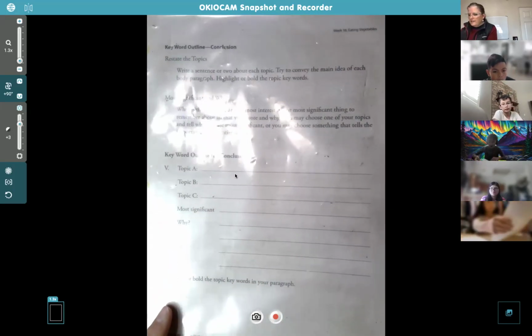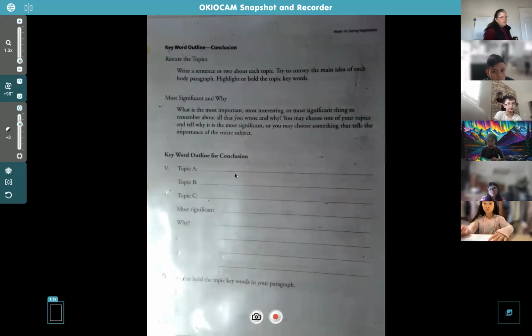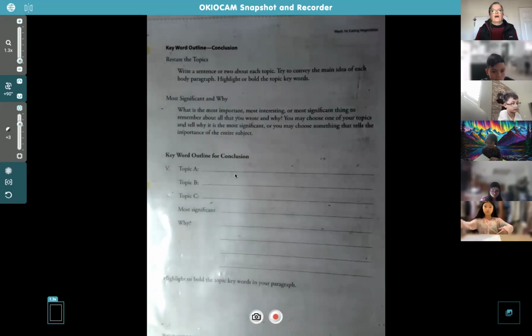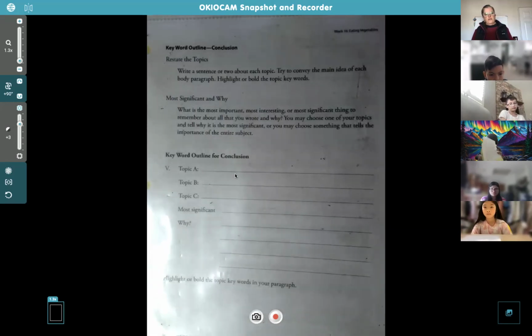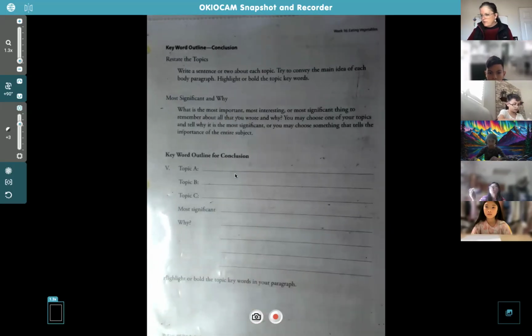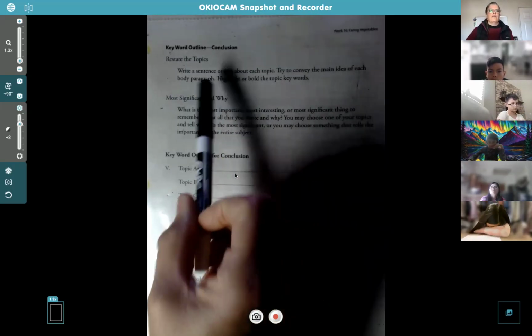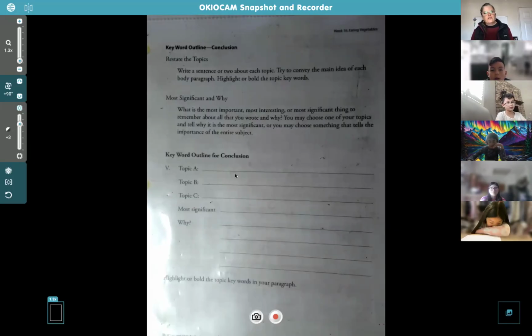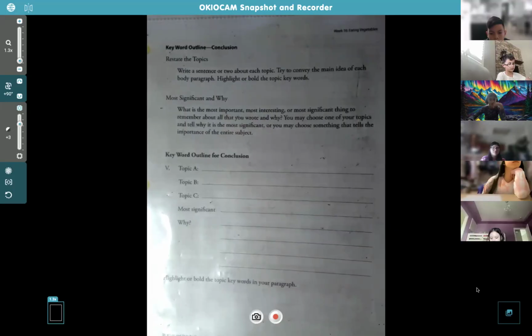This is a handy dandy template that we're going to use to help us write the introduction and conclusion. First thing you're going to notice is at the top, this is page 143. At the top, it says conclusion. So when we write a 5-paragraph essay, it's easiest to start with the body paragraphs, which you already did, and then the conclusion next.